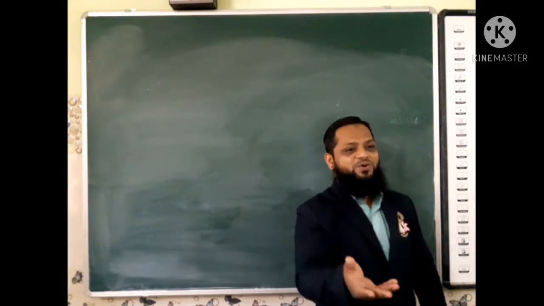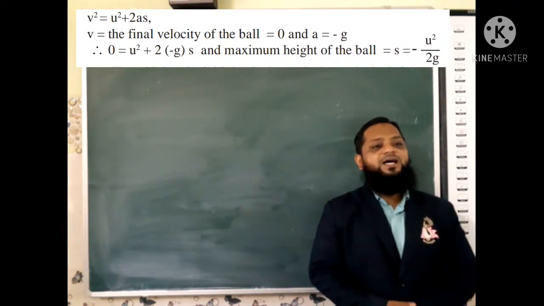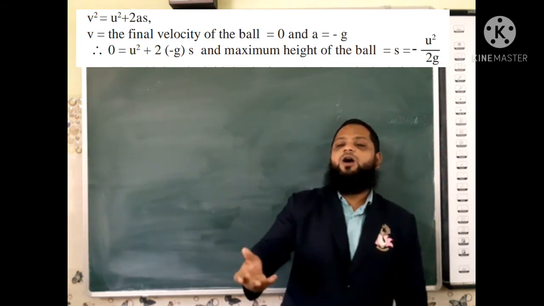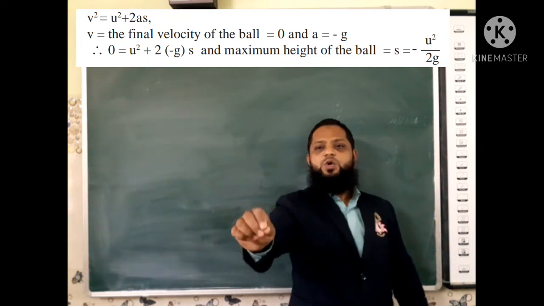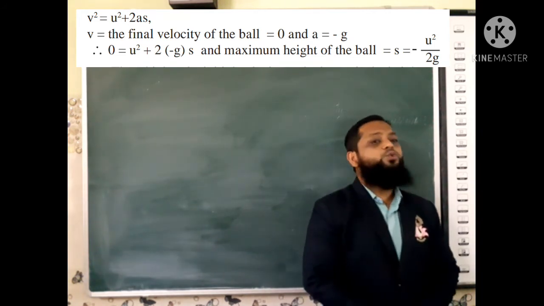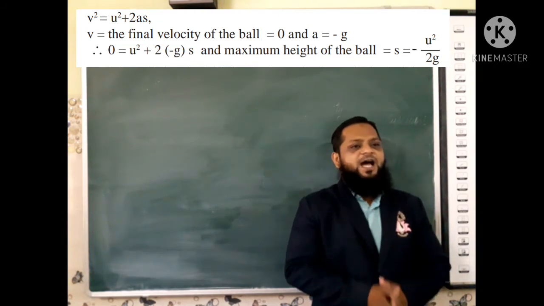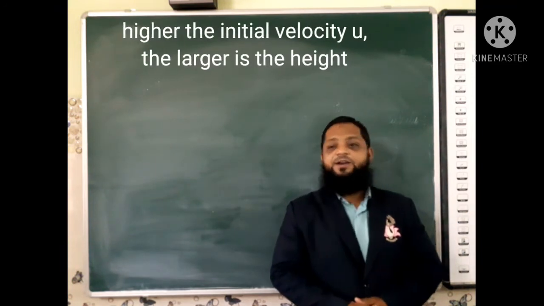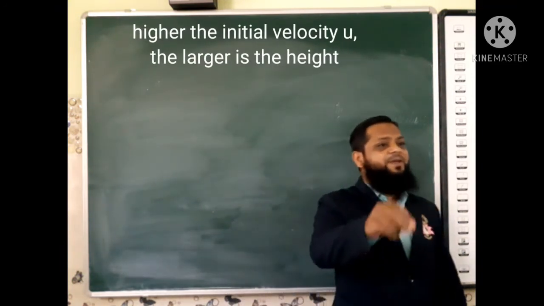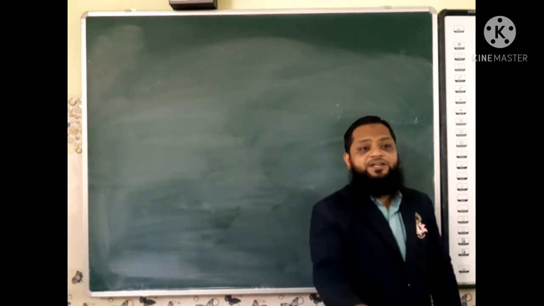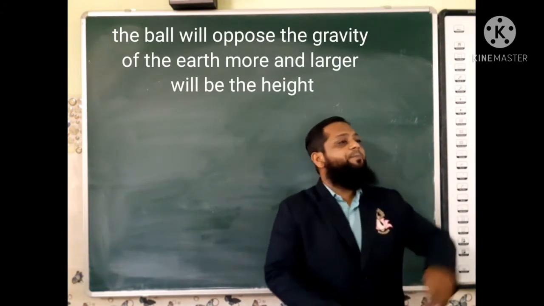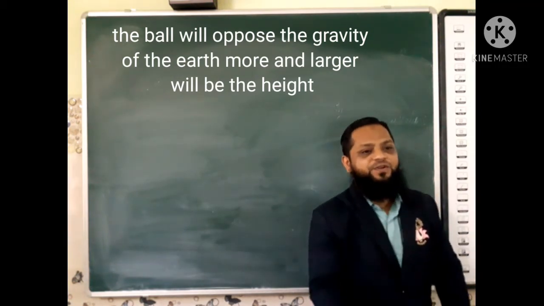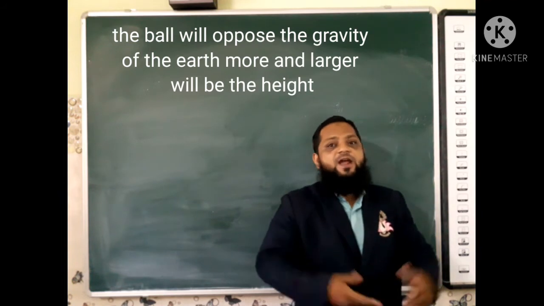The final velocity is 0, so 0 is equal to u square plus 2 into minus g into s, and the maximum height of the ball, s, is equal to u square upon 2g. Dear children, the higher the initial velocity u, the larger is the height reached by the ball. The reason is that with higher initial velocity, the ball will oppose the gravity of the earth more, and larger will be the height to which it can reach.